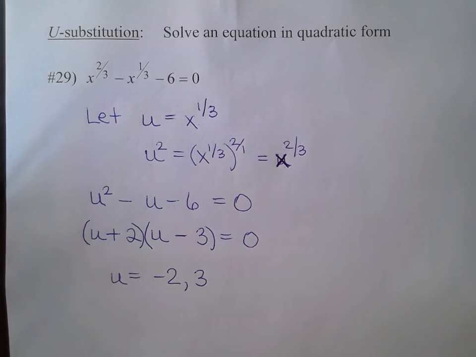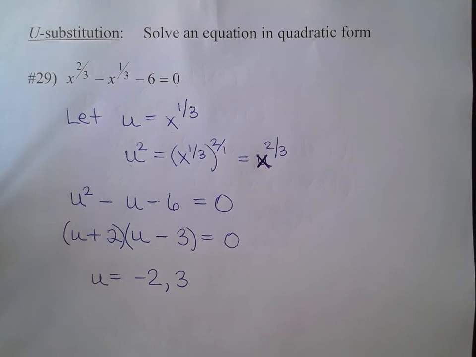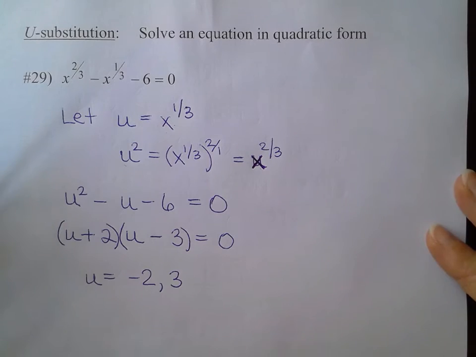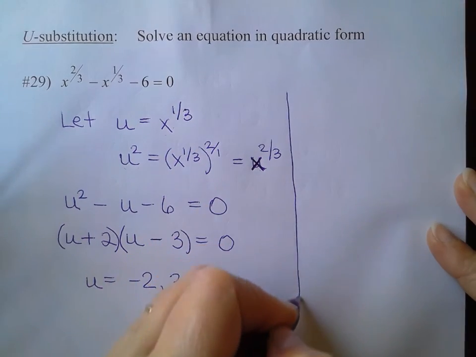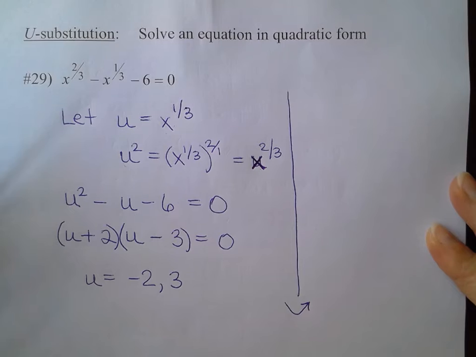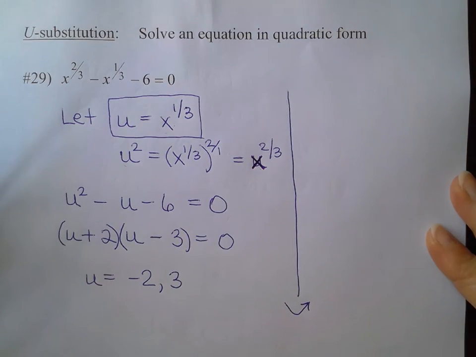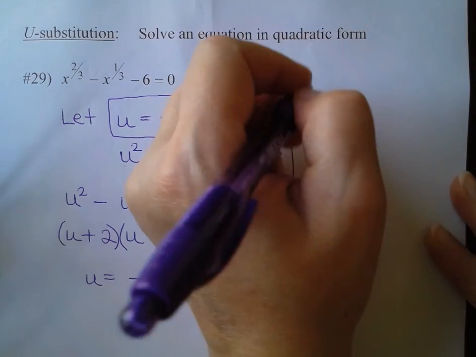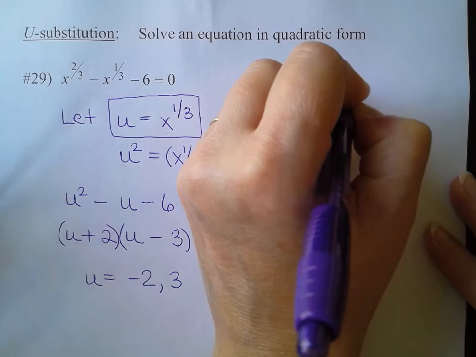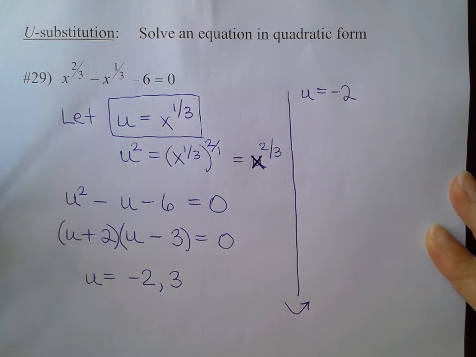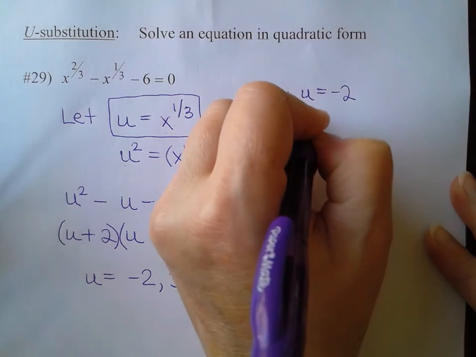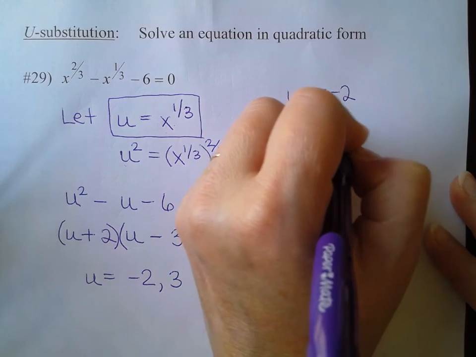But my original question does not ask me about u, it asks me about x. So the second step here is to then go back to what u represents. Remember, we let u be x to the 1/3. So instead of u equals -2, I really have x to the 1/3 equals -2.